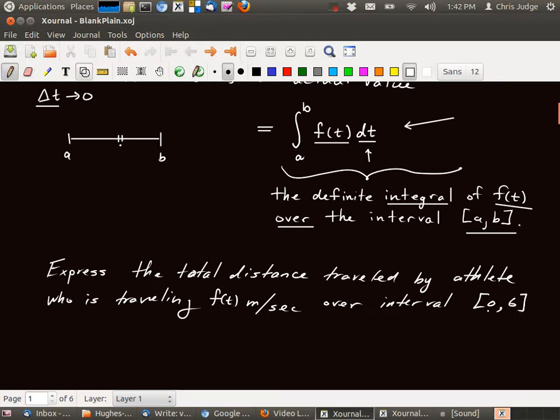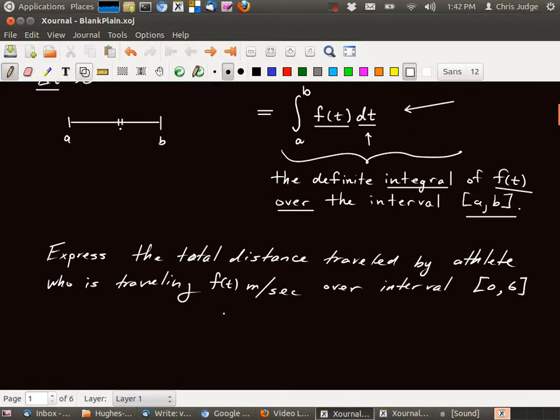So 6 seconds, 0 to 6. He's traveling f of t meters per second. I don't know what f of t is. Express this using an integral.